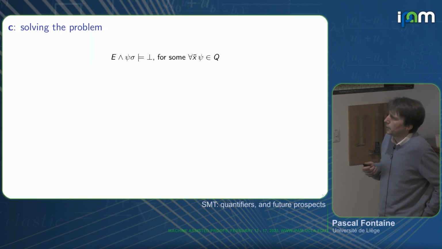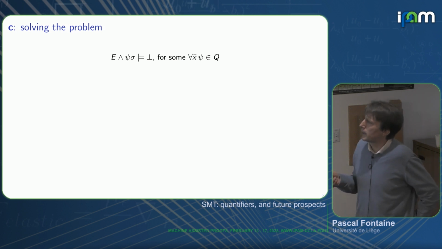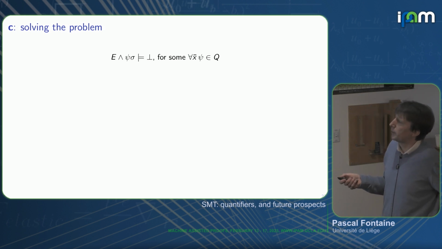And how do we do it? We have to find a sigma such that psi sigma with E is unsat, where the psi comes from some quantified formula.